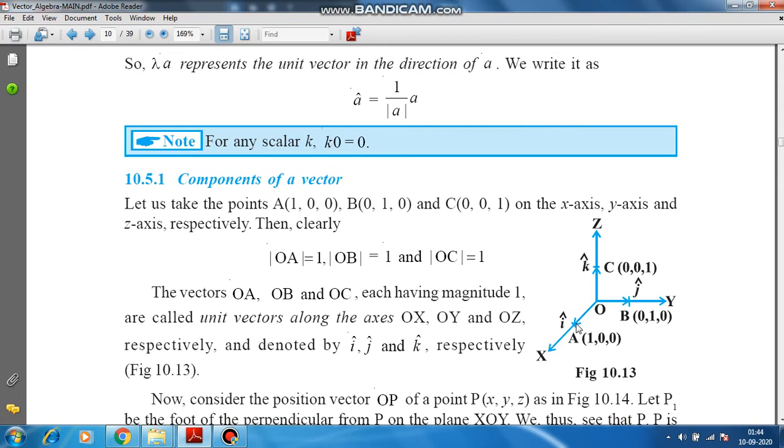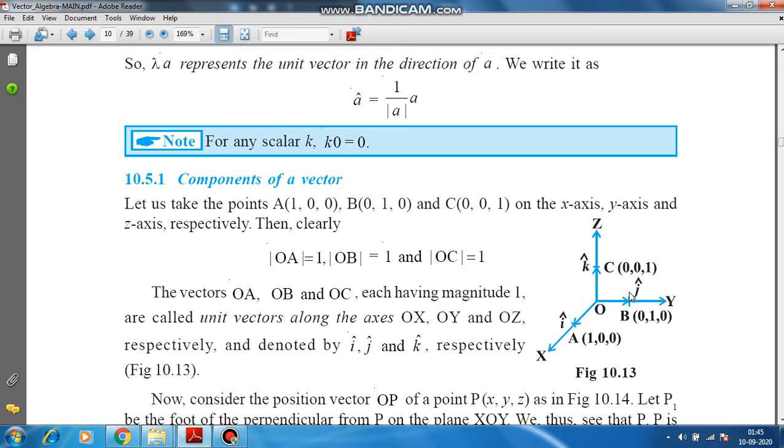Suppose this is a point whose distance from O is 1, and similarly the distance of this point from O is 1, and the distance of this point from O is 1. Then the unit vector along this direction is written as i, the vector of length 1 along the y-axis is j, and the vector of magnitude 1 along the z-axis is k.